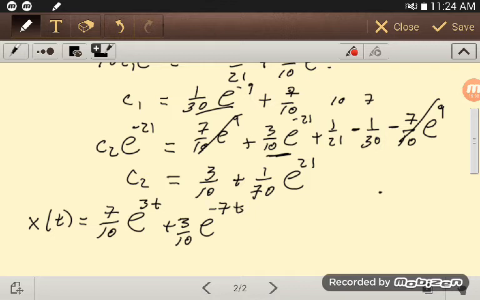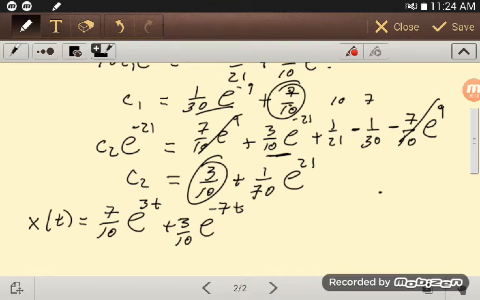So you see I've got the 7 over 10 times e to the 3t. And then I have my 3 over 10 C2, so I took care of that times the e to the negative 7t.